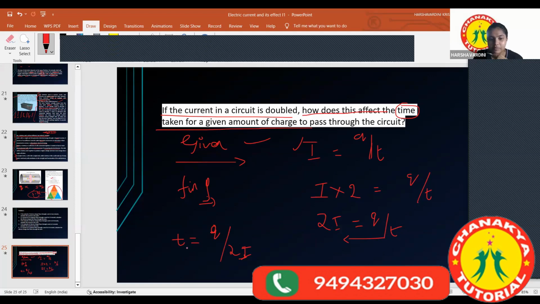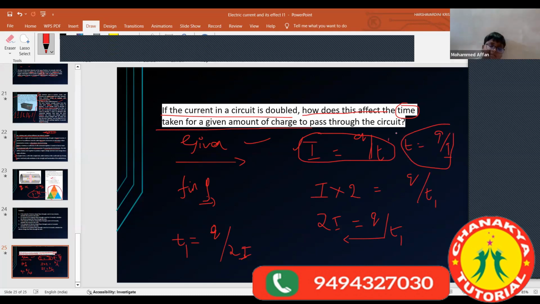Let us name this as T1. So this is the normal formula of I equal to Q by T. Now I just want to make it Q by I. If I make it Q by I, then T is equal to Q by I. Correct? Just replacing this formula.